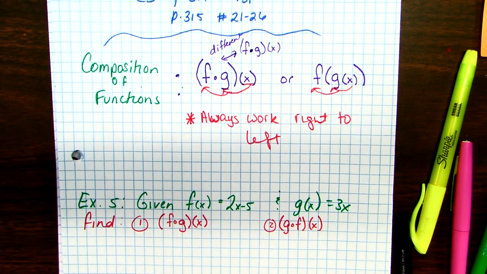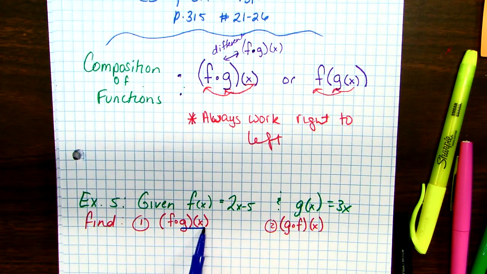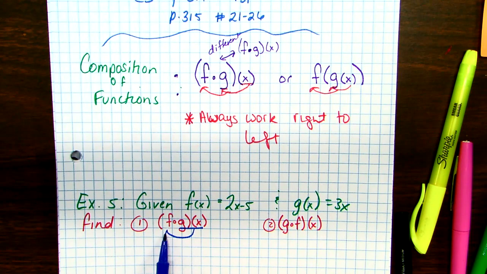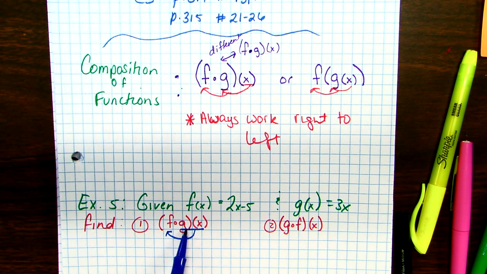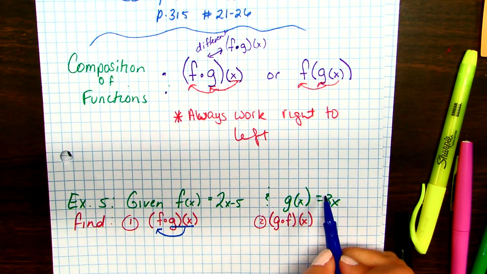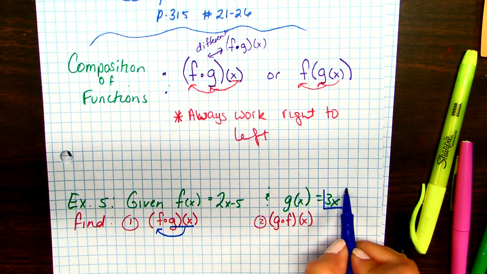So we're going to start all the way to the right in this first problem, okay? We're going to start with g of x. And we're going to plug it into f of x. Right to left. I'm taking g of x, and I'm plugging it into f of x. Or you can think of it as take the g function and plug it into the f function. So, look, this is the g function.